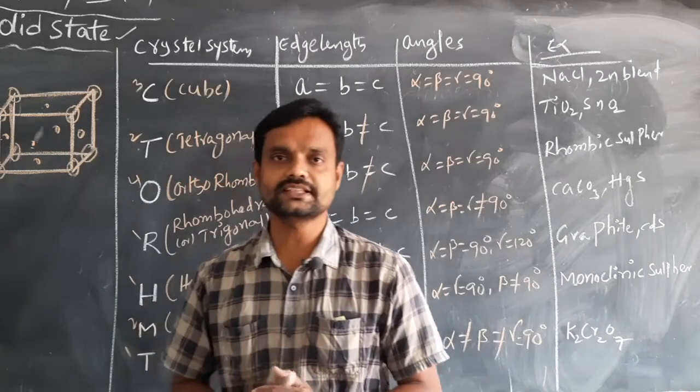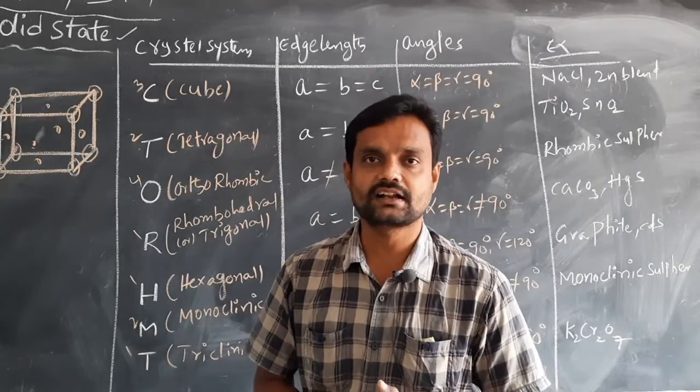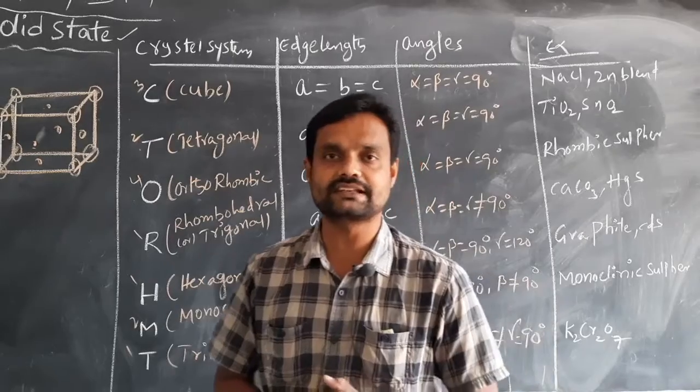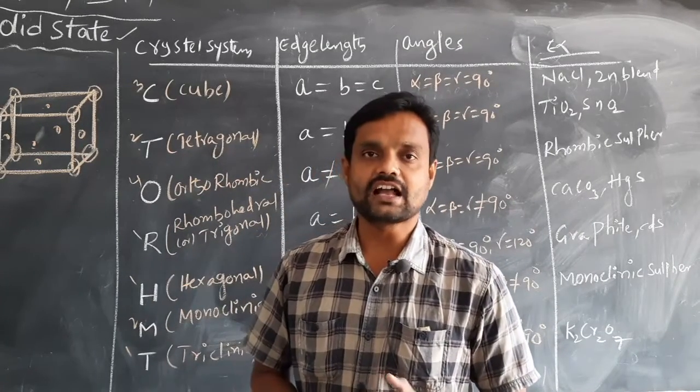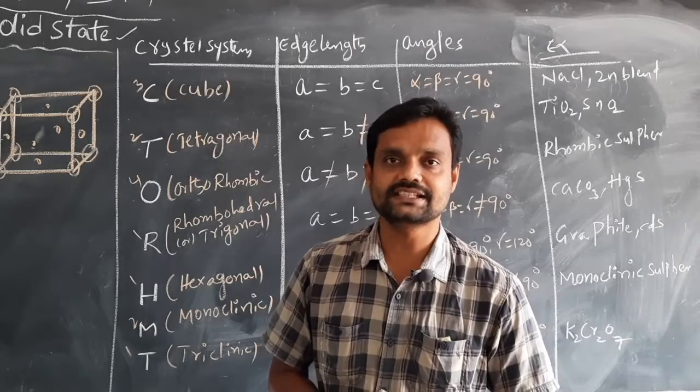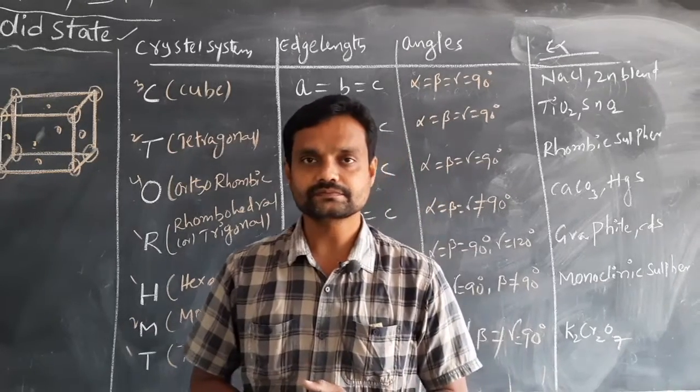Already we know that in a 3-dimensional unit cell, 6 parameters are required: a, b, c lengths and alpha, beta, gamma angles between those lengths.